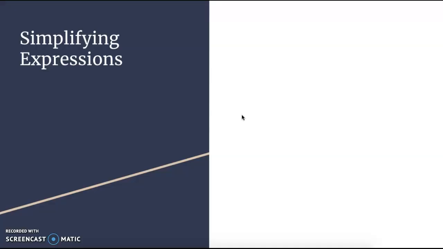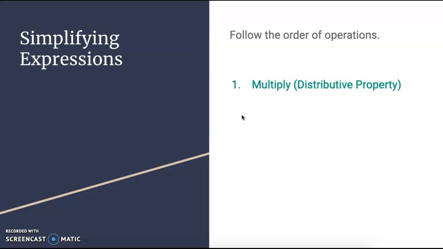So, simplifying expressions, we are still following the order of operations. It just looks slightly different, okay? We can kind of ignore the first 2 steps in PEMDAS, and we're going to focus on step 3 and step 4, which are the multiply and divide, and then add and subtract. So first, we always need to multiply. Okay, we're not going to have any division in these ones.